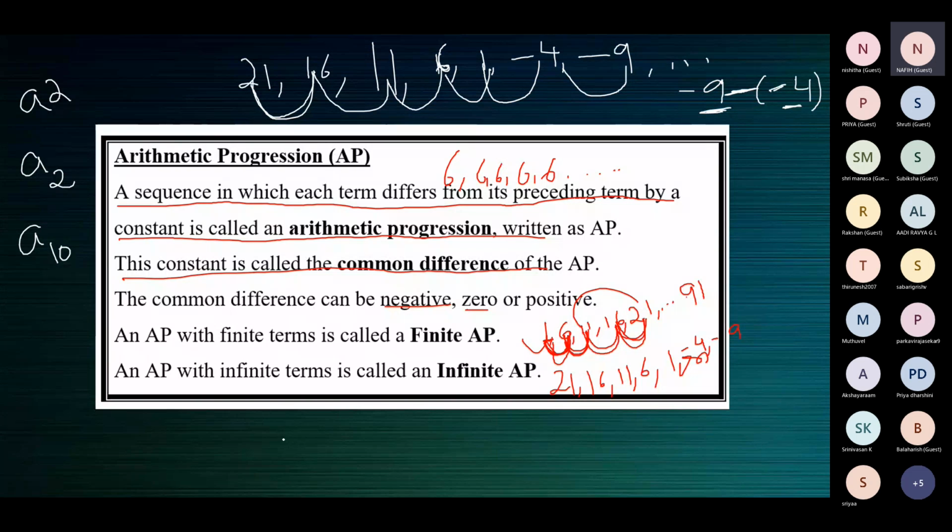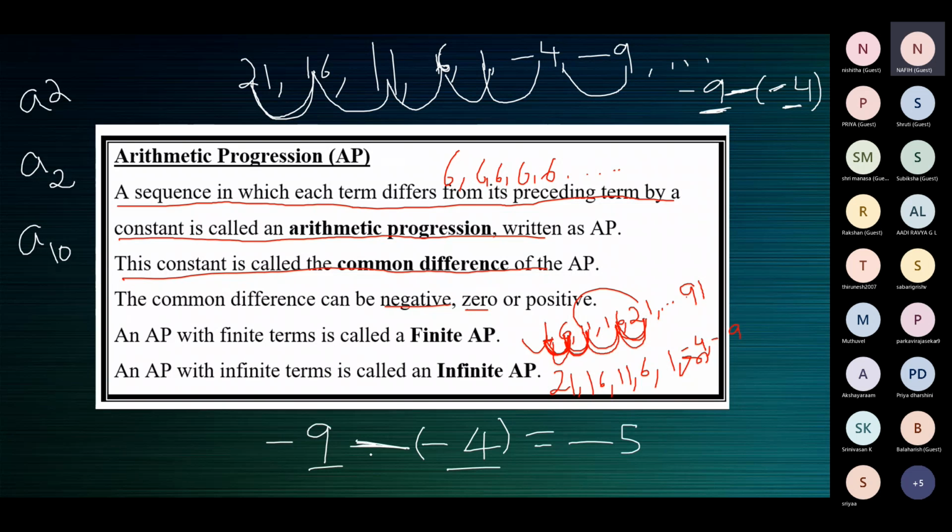You should write the term: the term is -9, its preceding term is -4, and you should find the difference between them. That difference is -9 plus 4, which is -5. This is a term, this is its preceding term, and you should find the difference to find the common difference.